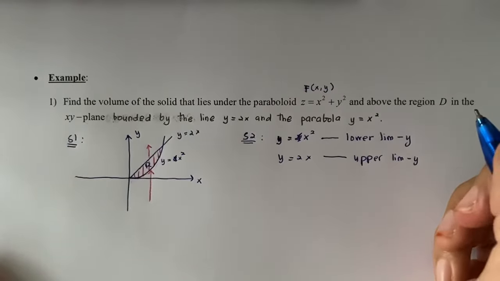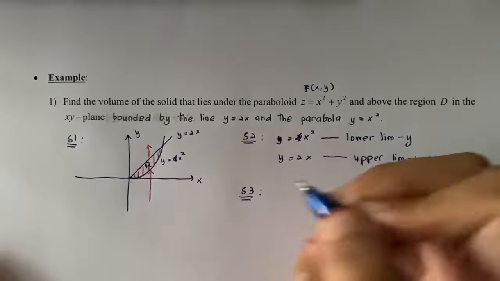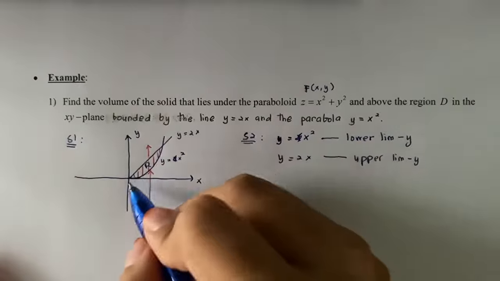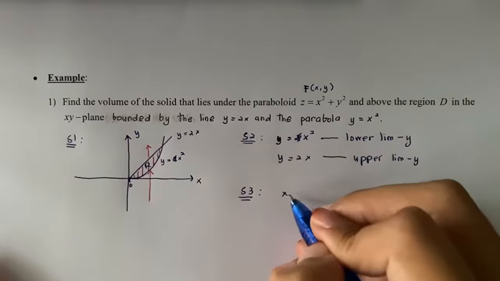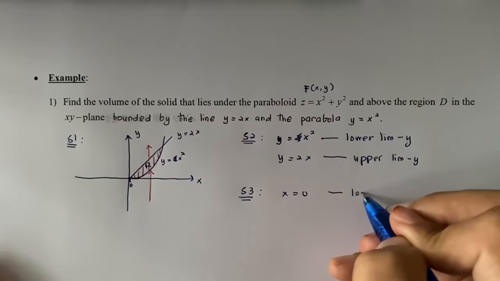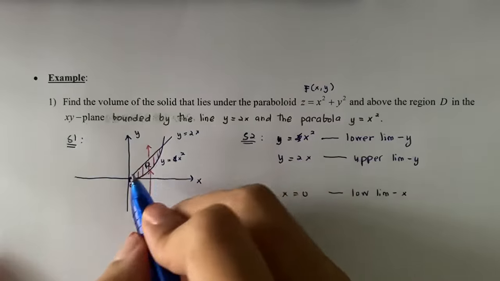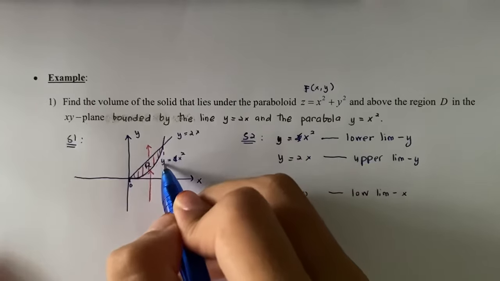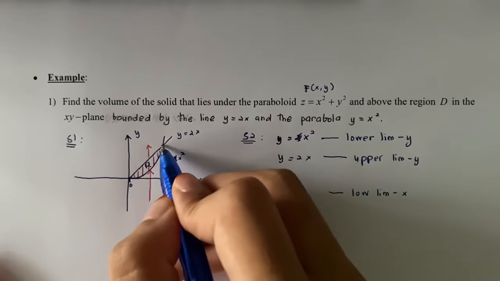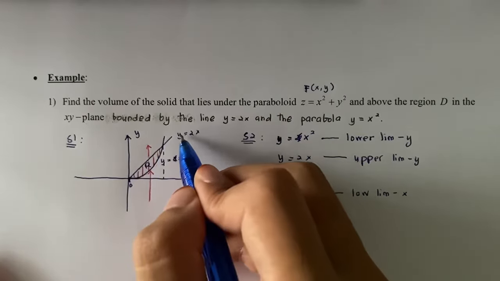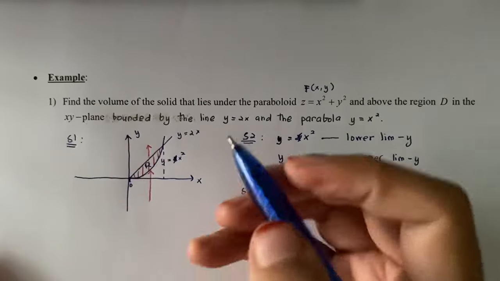So now we have the limit of y. The third step is to find the limit for x. So this is x equal to 0, which is the lower limit. And for the upper limit of x, it is right here. You need to find what x is here. Since this is the intersection between y equal to 2x and y equal to x square, you need to solve these two simultaneously.